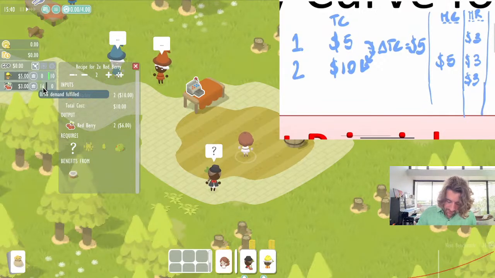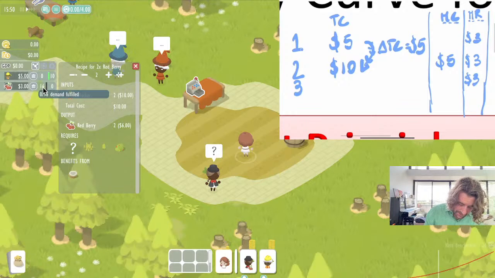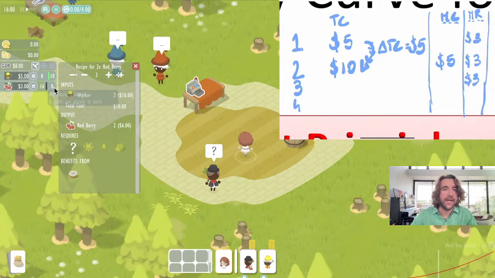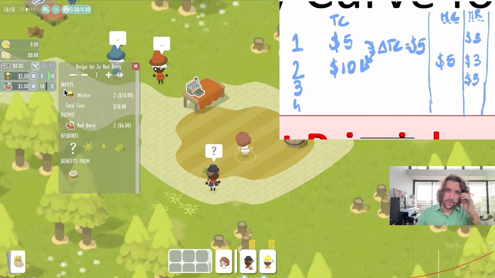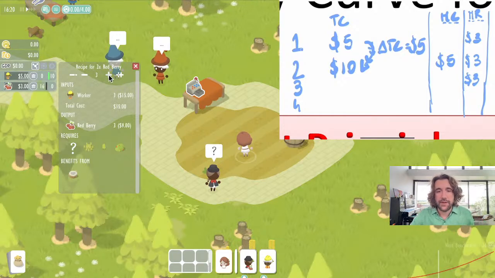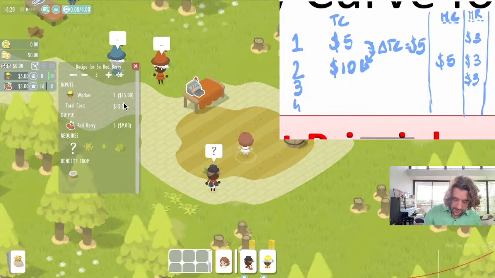So I'm going to make this table a little bit longer to add a third and a fourth. And I want to make a little point here without giving away too much, without really solving the exercise for you. I want to give you a little bit of a hint on how to approach this. If we go to the third unit, you're going to see that again, the total cost is now going up to $15.